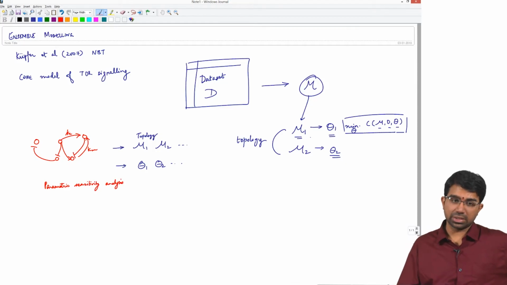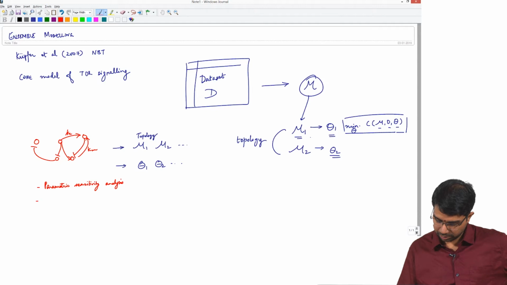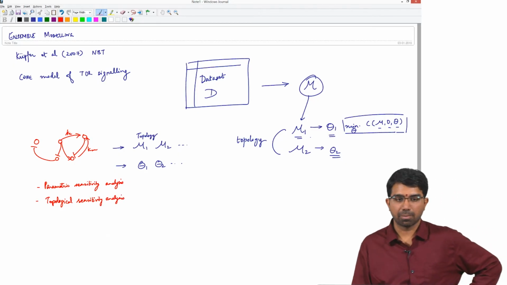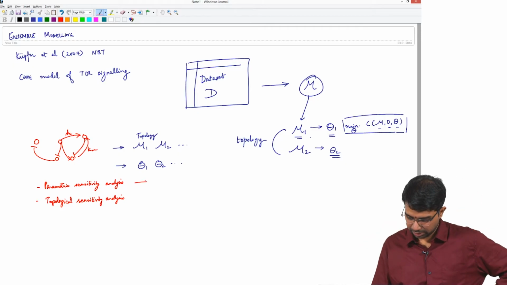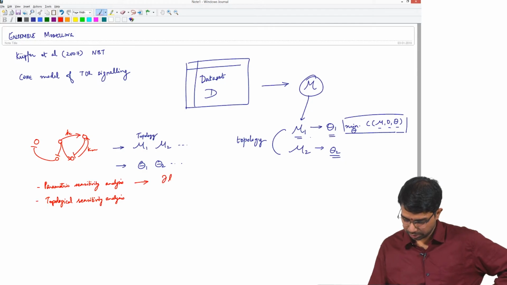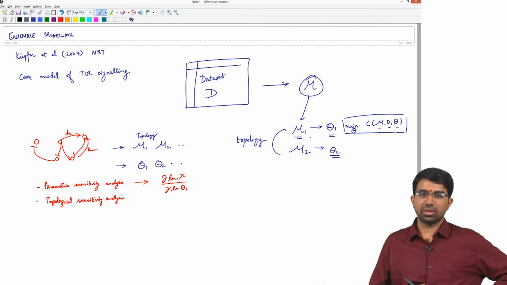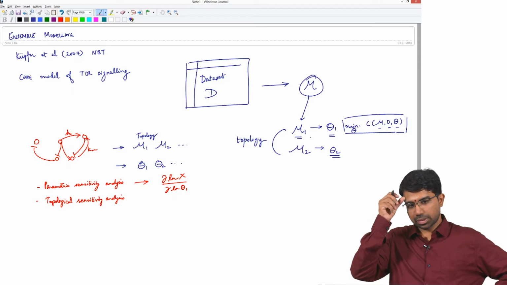One is parametric sensitivity analysis, and the other is topological sensitivity analysis. The first is easy, all you have to do is take dou ln x by dou ln theta, something of this sort, some state variable with respect to some parameter.